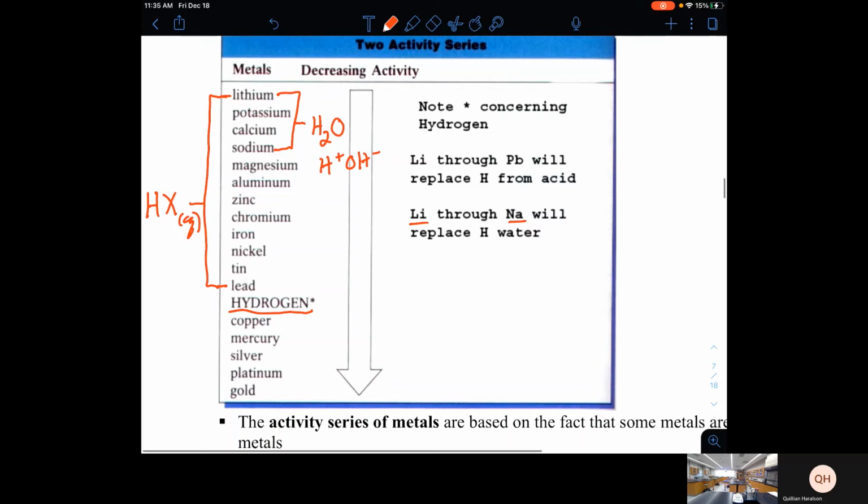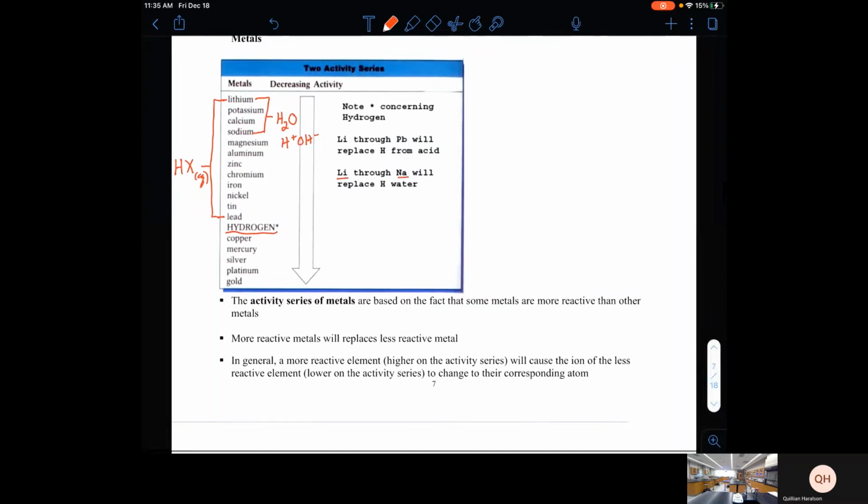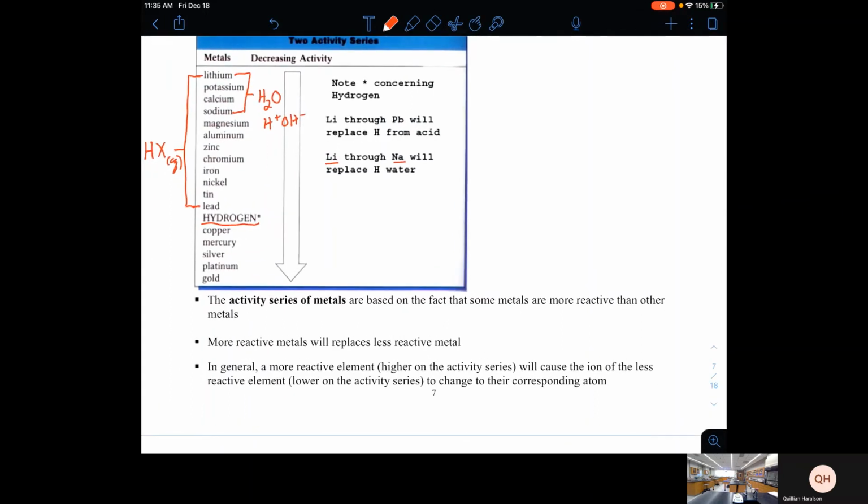All right, a couple of things to point out once again. The metals that are towards the top, we consider those to be more reactive. The ones that happen to be at the bottom are going to be considered less reactive. And if you look at the bottom down here, you'll notice you have things such as silver, platinum, and gold. And if you think about our gold necklace or our platinum rings, we don't want those things to be reactive.